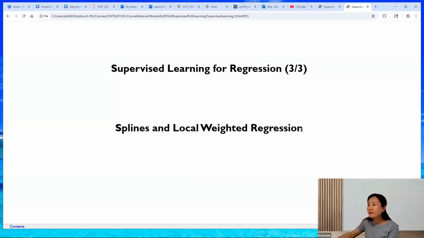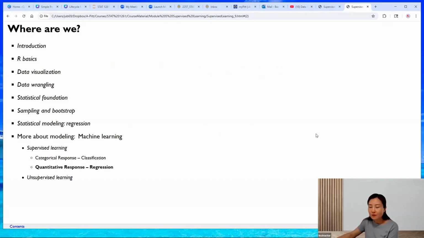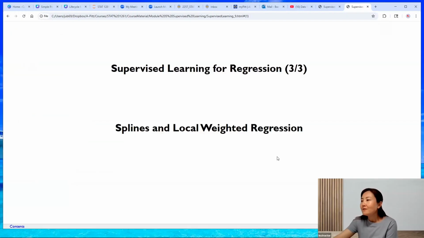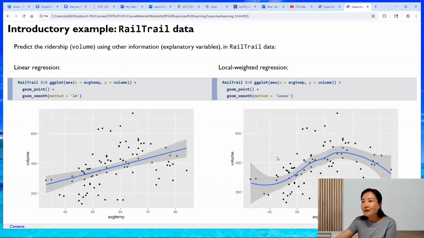Splines, local weighted regression. This section is actually about more classic non-parametric regression models. In statistics, they are kind of like an extension of linear regression.